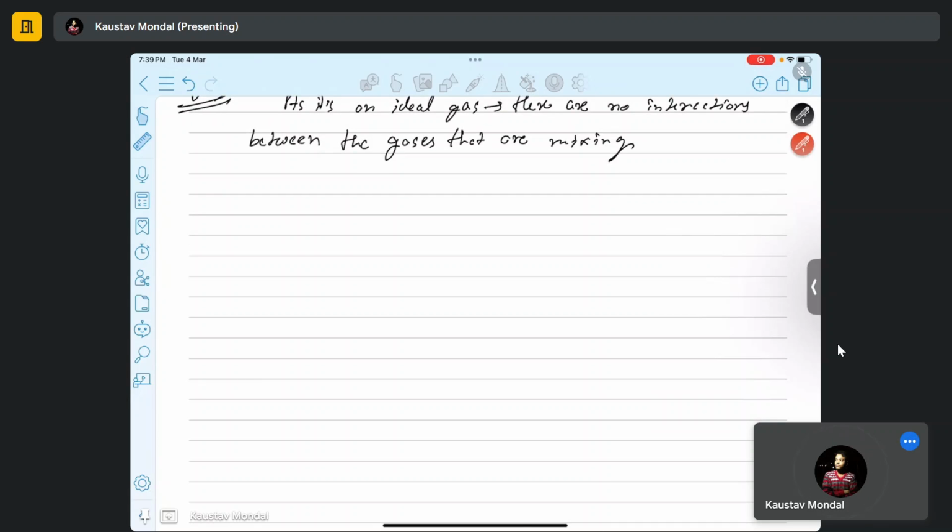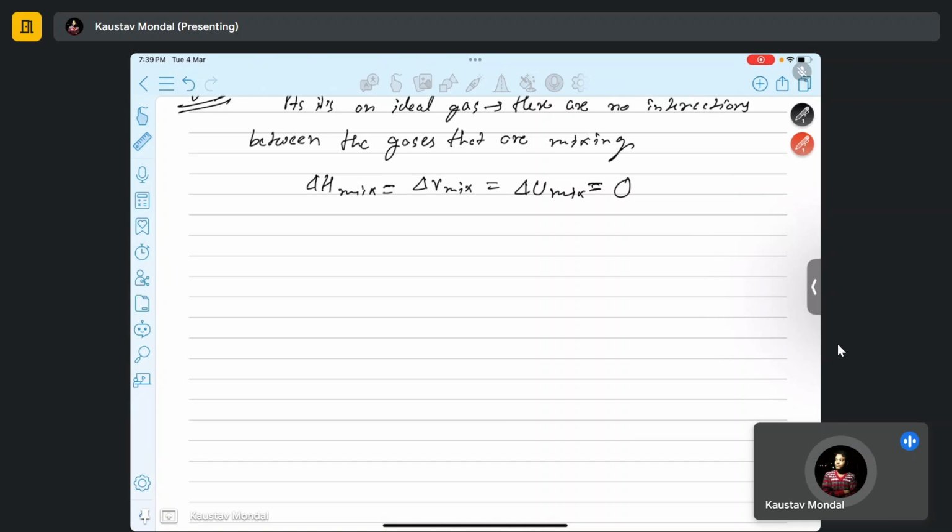So that means both this delta H mix, that is enthalpy, and delta V mix, volume, are obviously not going to change, and also the delta U mix, that is the change in internal energy. Both these three terms will become zero, right? There are basically no interactions, okay.